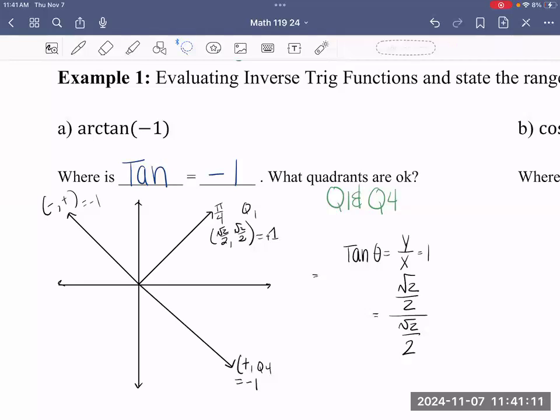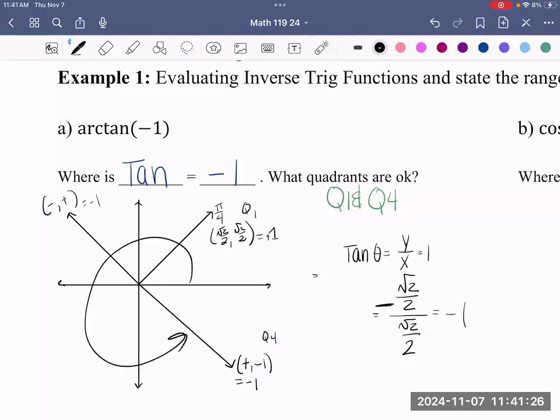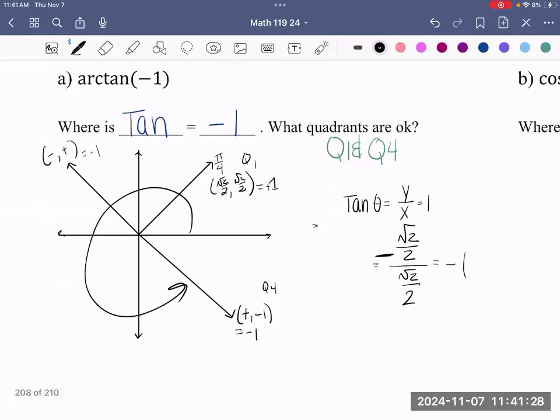And let me scoot this over. And y is negative. Meaning if your y is negative here, this will produce a negative 1. So to dip down, because we cannot go all the way around because your restriction is between pi over 2 and negative pi over 2.